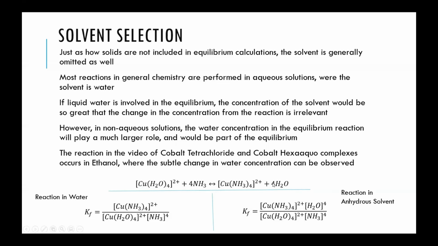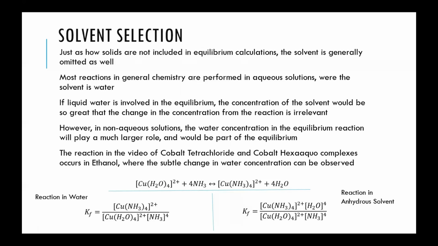Because it's the pure substance, you have the product concentration of the copper tetraamine divided by the concentration of the copper water complex times the ammonia concentration raised to the 4th power, because there's a 4 in the balanced chemical equation.